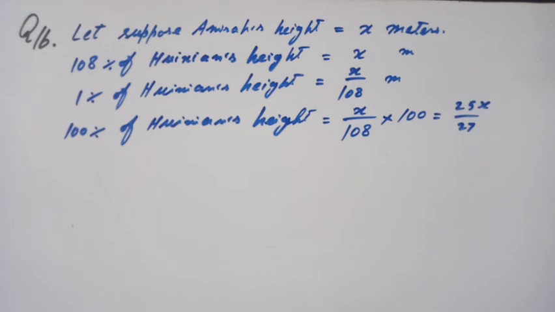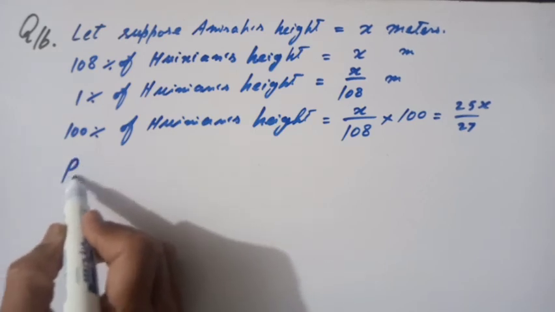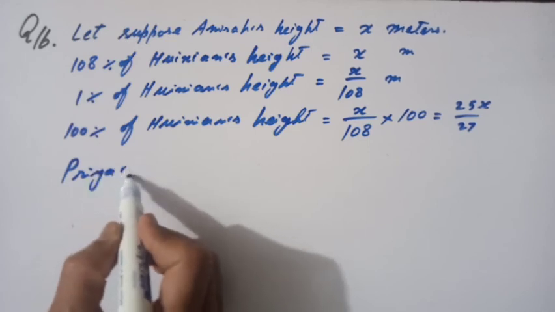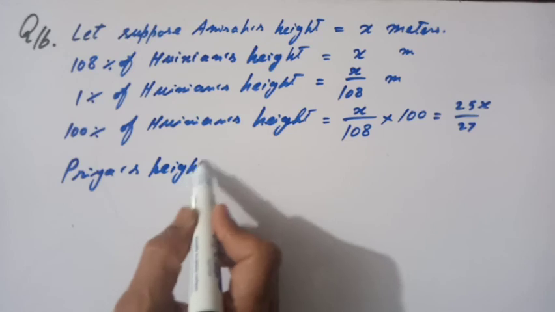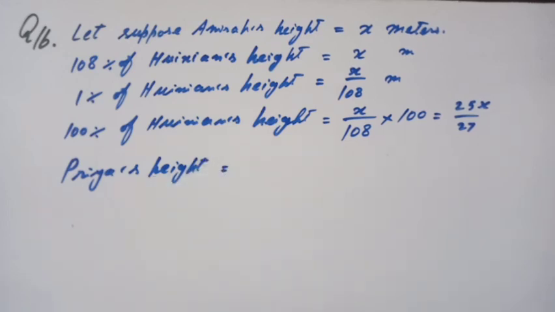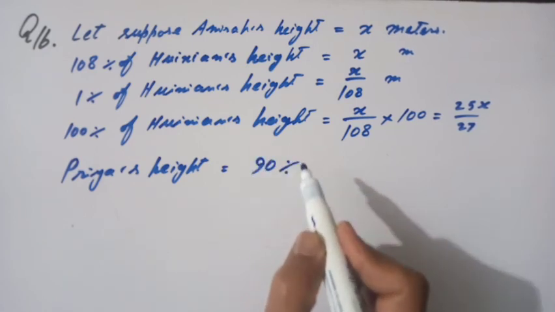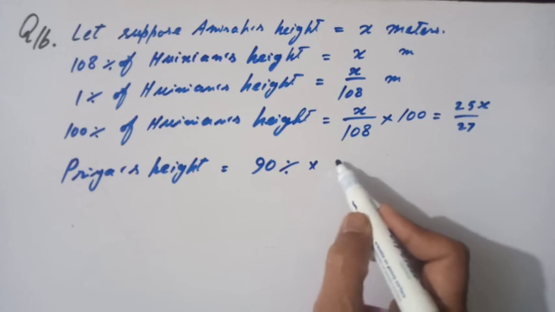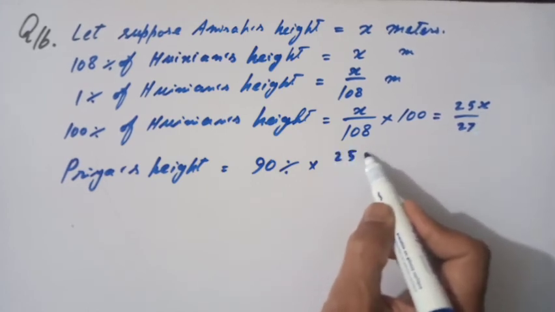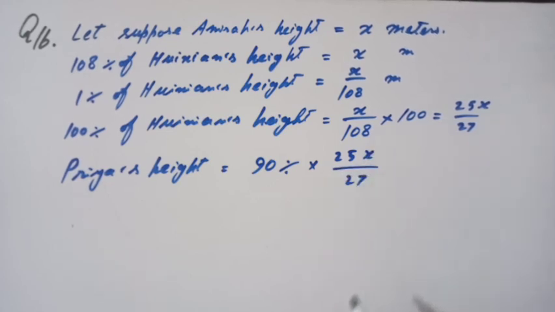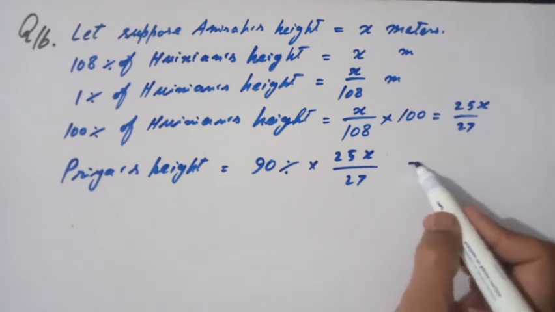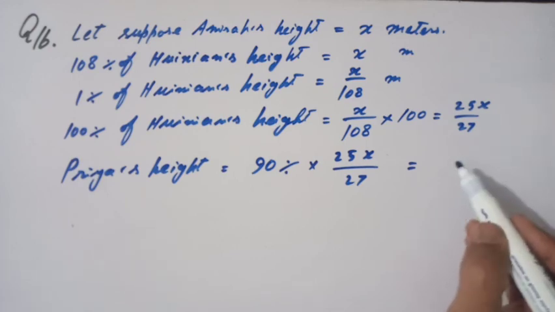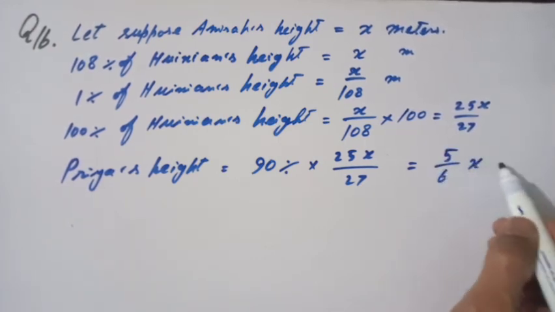As mentioned in the question that Priya is 10% shorter than Hugesian, so we are justified to say that Priya's height is equal to 90% as 10% less means 90% of the height of Hugesian, and Hugesian's height we have calculated over here, 25x over 27. Now do it calculate. It would be equal to 5 by 6x, right?